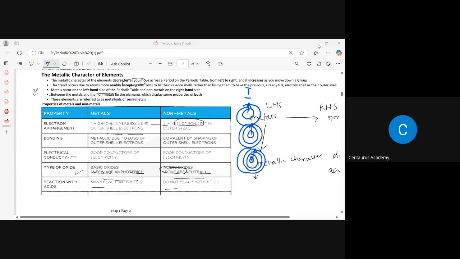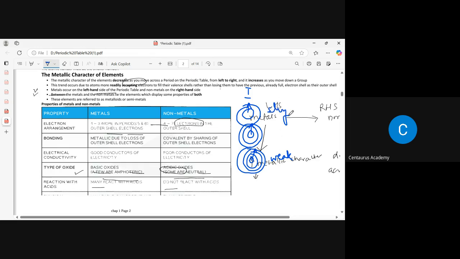The nuclear attraction towards the outer shell electron is going to weaken as we go down the group because of extra electron shells being added. So here the nuclear pull towards the outer shell electron becomes weak. Here it is very strong.